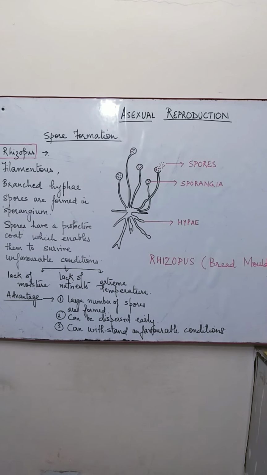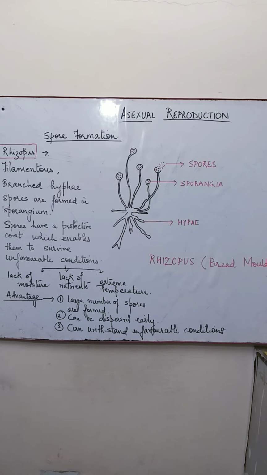The hyphae are the branch structures which you see over here, and the spores are produced in the sporangium. So these rounded bodies which you find at the end are the sporangium, and these sporangium carry the spores.